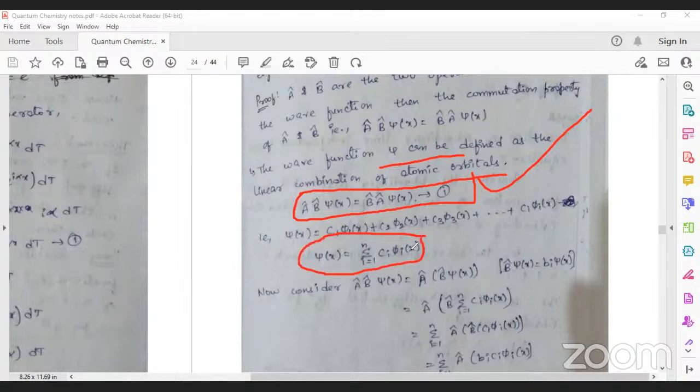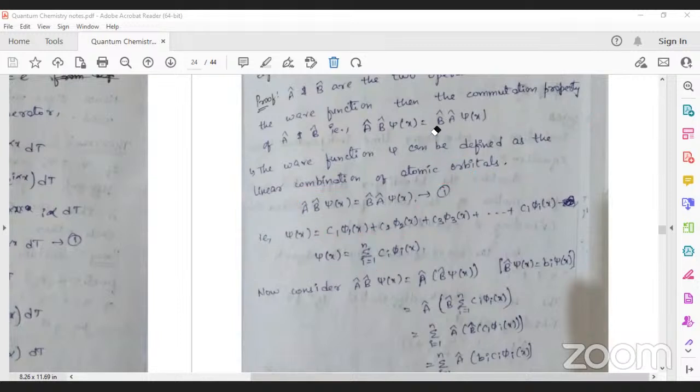So then this psi becomes an eigenfunction. We are going to prove that, right? Okay. We'll see how this chosen wave function becomes an eigenfunction according to the commutation property condition. According to the commutation property, A into B into psi of x. Here we have psi as this one.